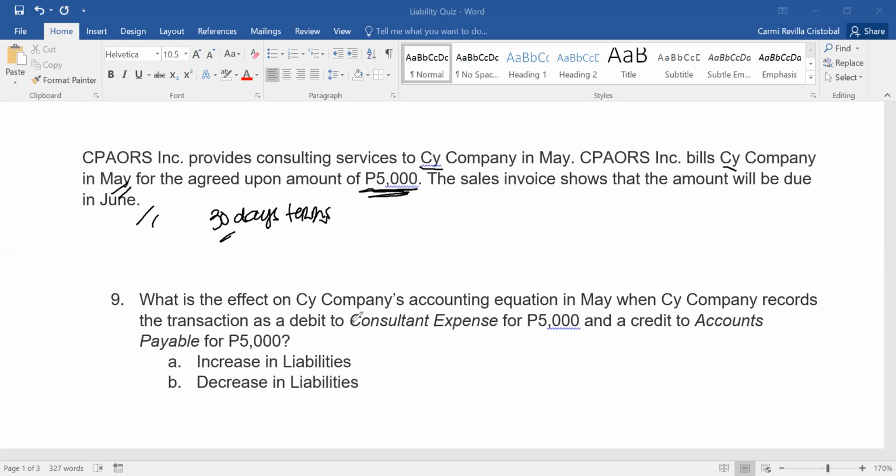Now the question, ano daw, what is the effect on CY company's accounting or books in May when CY records the transaction as a debit to consultant expense and a credit to accounts payable? Ayan na. Again, parang yung kanina, you don't need to do an entry anymore for shortcut. Kasi sinabi na mag-entry na nga siya, dito.